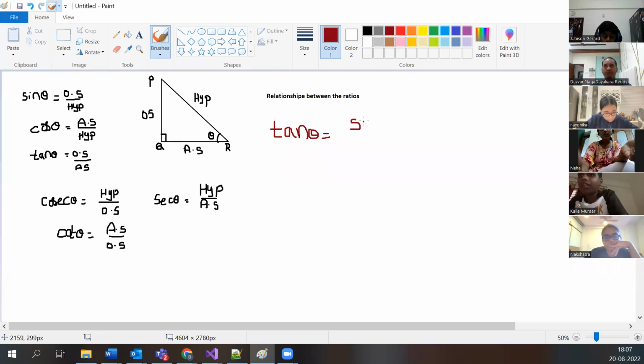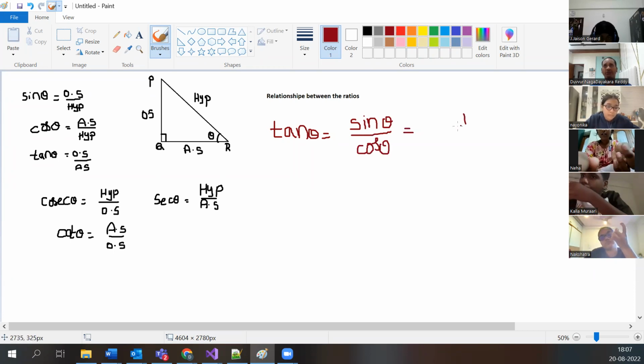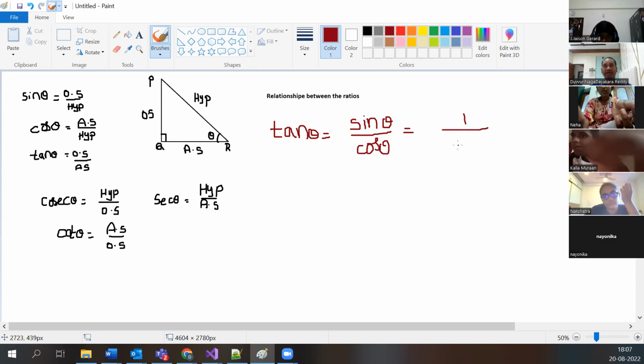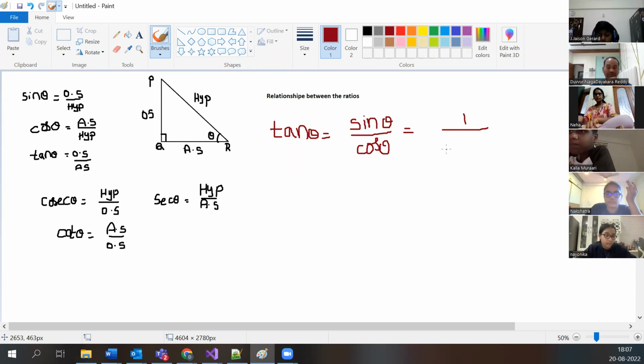Very good. In other words, what else can we write for tan theta? Tan theta equal to 1 by cot theta, right? I'm sure you know how it became cot theta, but I'm not going into much detail because we already discussed it.